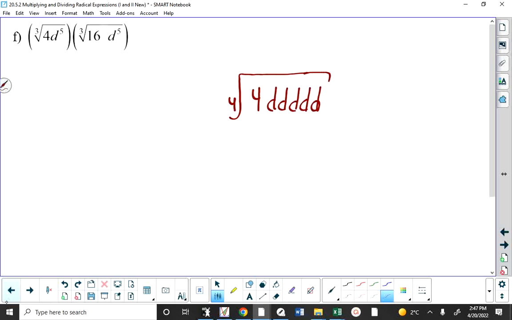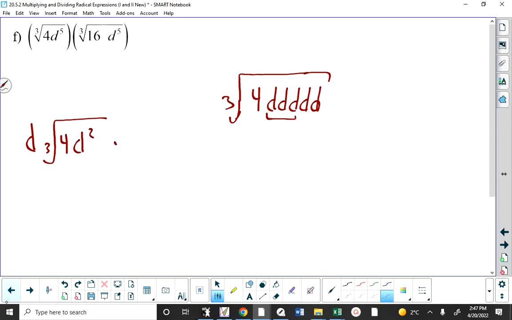And I hope every time I do this, more and more of you are saying, I don't need to write out all the d's. It's a cube root, so it has a triplet of d's that I can remove. So it's going to be a single d on the outside times the cube root of 4 times d squared.